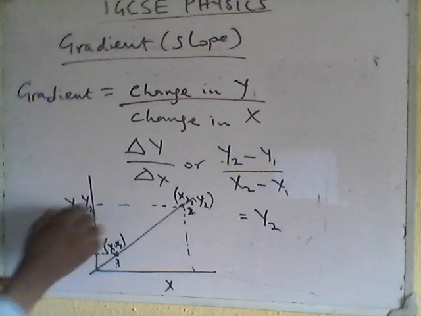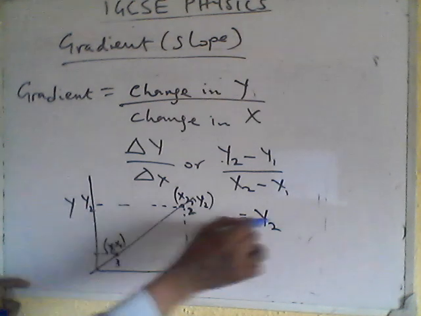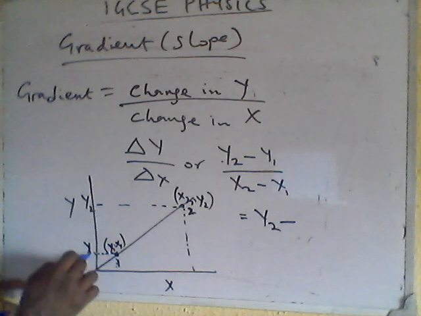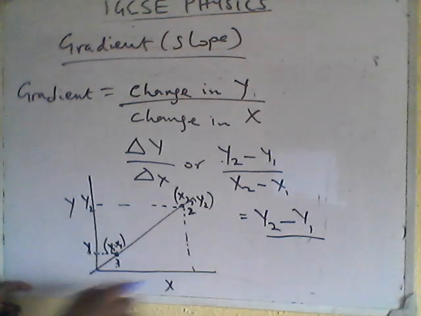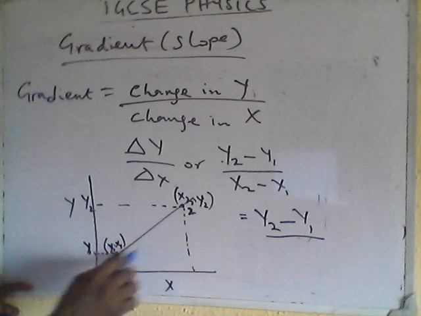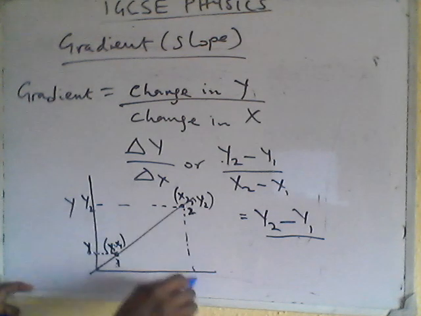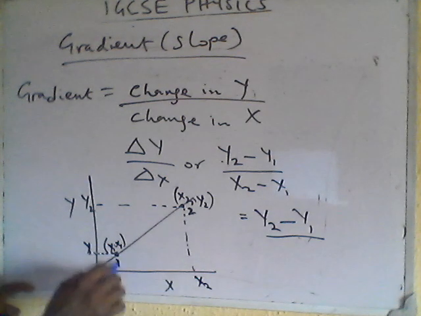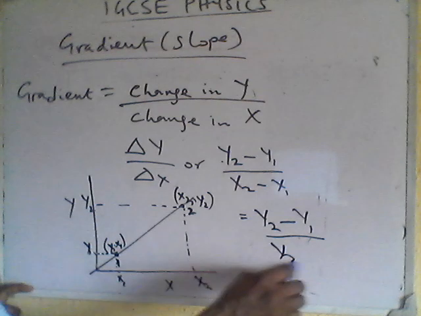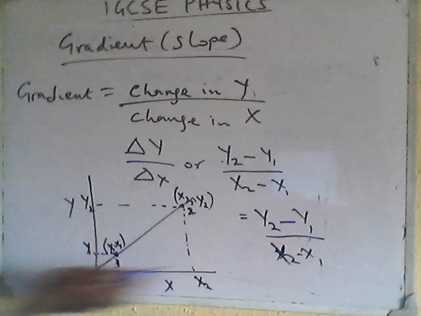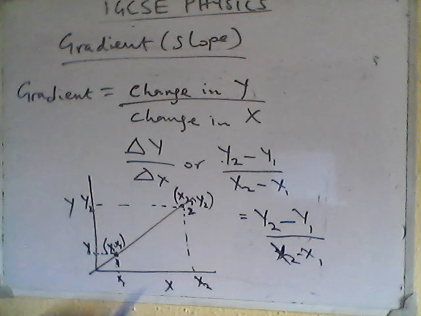Minus, for this point, y1, if I trace it here, I get y1, all over, for this point, if I go down here I get x2, and if I go down here I get x1. So it is x2 minus x1. This is how we get it. Whatever value you read on the coordinate, on the line, that is what you are going to use to calculate.